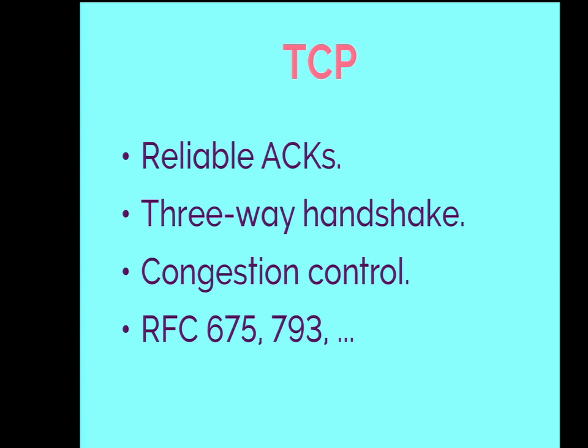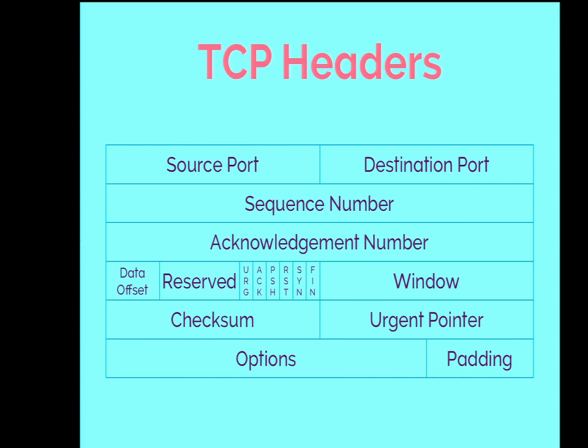TCP offers a more reliable stream-oriented protocol, so it builds a reliable transport on top of the unreliable internet. Packets will be resent if missing, and they'll never be delivered out of order. Like with UDP, there's a packet header. It's a bit more complicated than the UDP header. Again, we have source and destination ports.